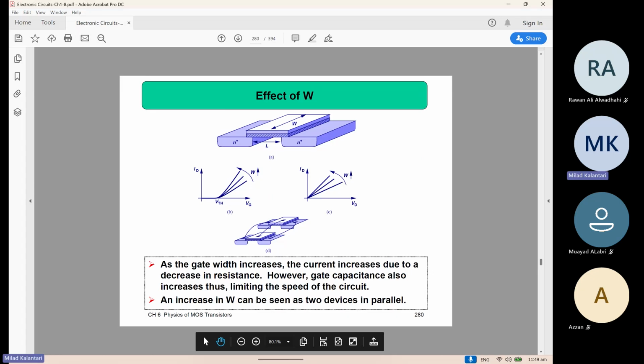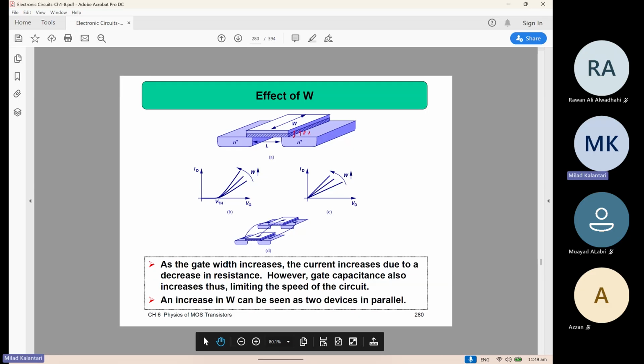And the other parameter you have in these devices is the width of the device, right? We were talking about L, we were talking about the thickness of the oxide, T oxide, right? And then the effect of the width. What if you increase the width?